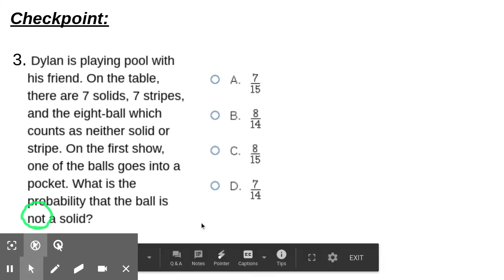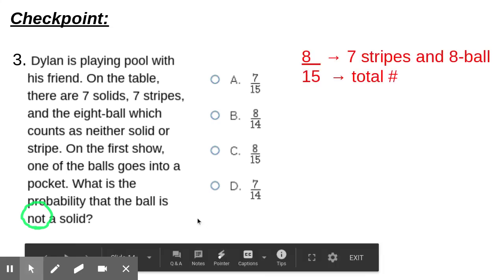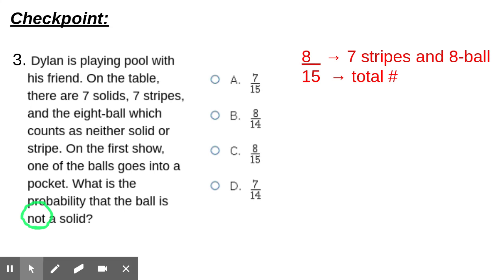So what do we think here? Well, there's 8 that are not a solid because you have 7 stripes and then you have an 8 ball. The 8 ball is not a solid nor a stripe. So it counts as 8, the 7 stripes, and the 8 ball.